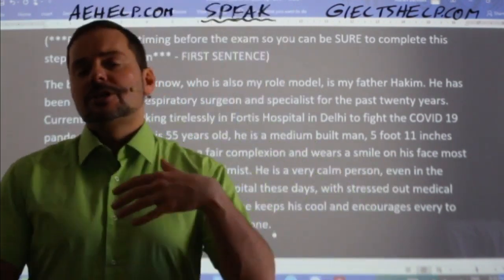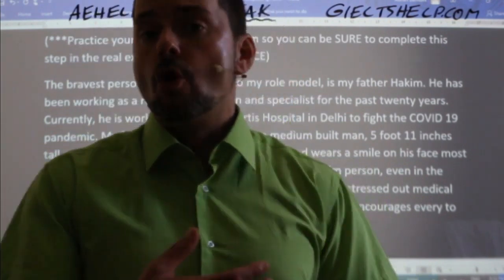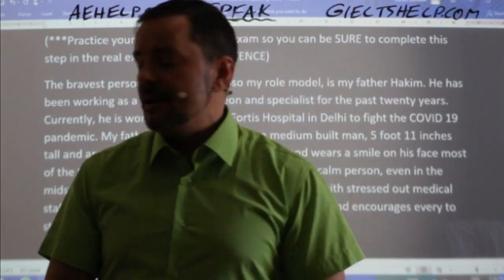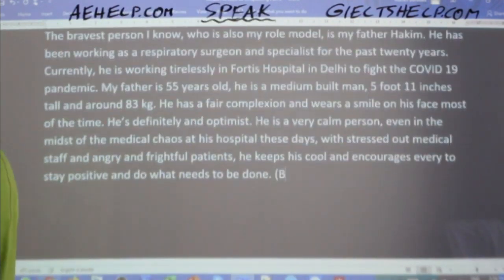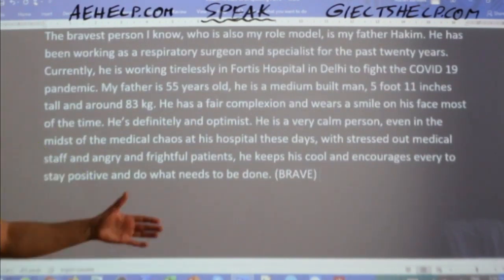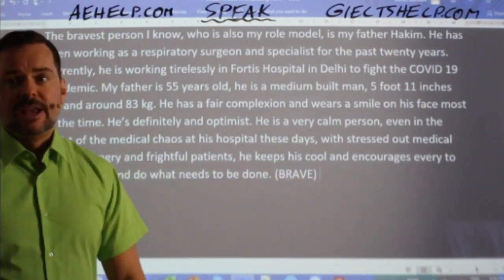You can expand his personality and actions more later, but definitely target the topic. And the topic here is brave, okay? So now you definitely want to explain why your father is brave, okay?